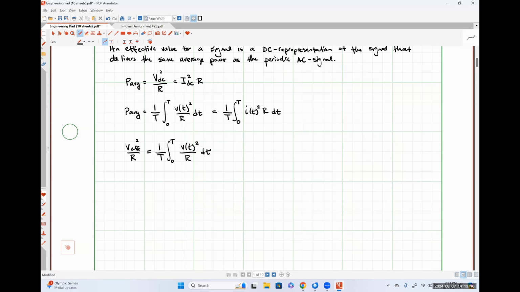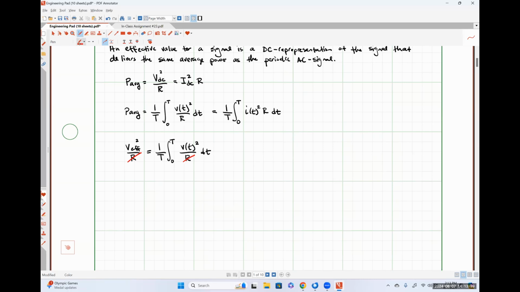Now, we can see that there is a common factor of 1 over the resistance value on both sides of the equal sign here. So as it turns out, the value of the resistance literally does not matter at all, right? So I can get rid of it over here as long as I get rid of it over here as well.